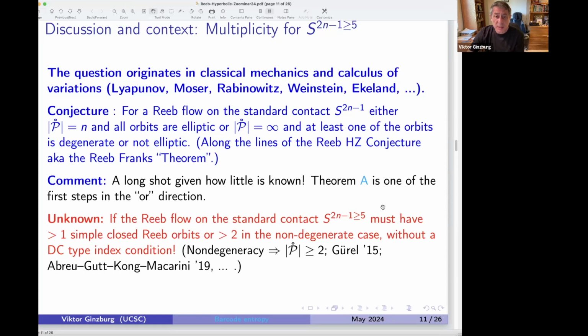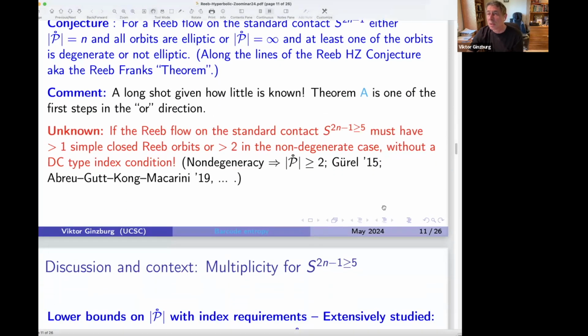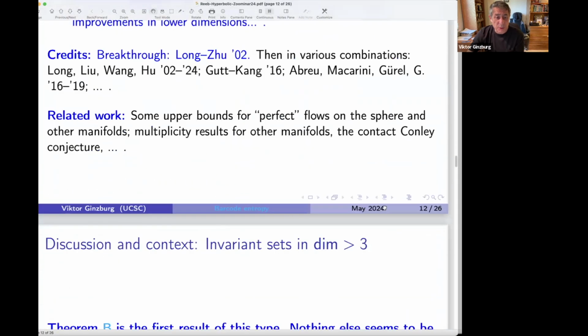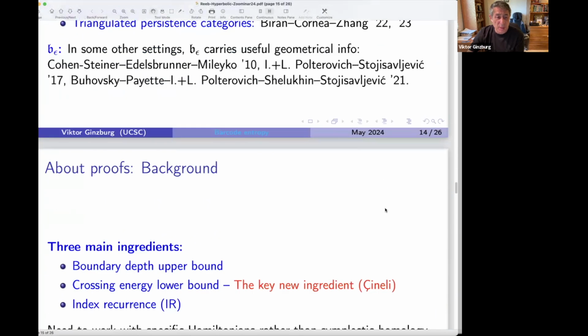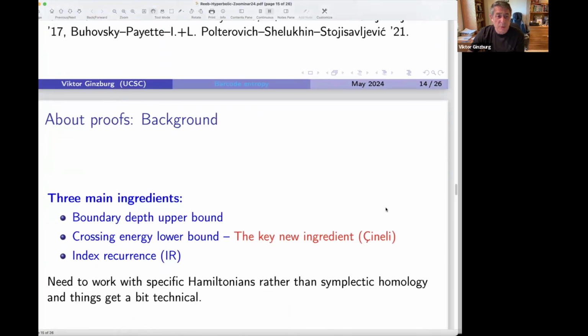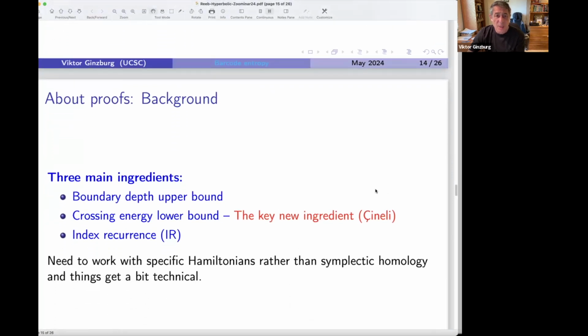All right, then let's talk about proofs. This is a separate story by itself, and proofs involve two ingredients: the boundary depth upper bound, the crossing energy lower bound, which is a key new ingredient mainly due to Cineli, and index recurrence.